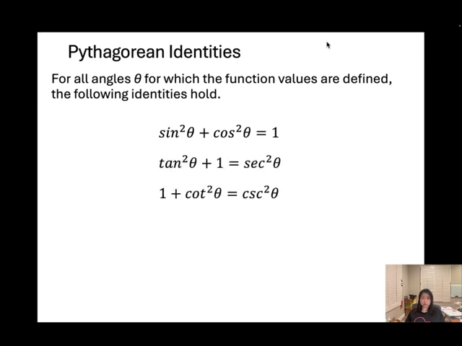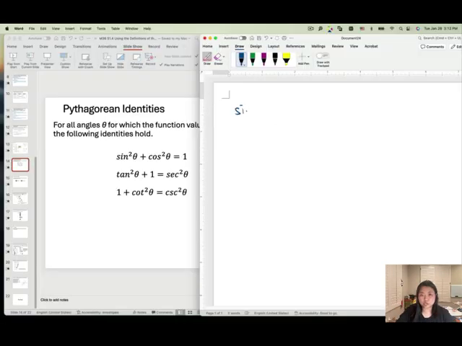We have the second one, tangent squared theta plus 1 equal to secant squared theta, and the third one, 1 plus cotangent squared theta equal to cosecant squared theta. Let me show you guys how to get these three identities. Usually I only need to remember this identity: sine squared theta plus cosine squared theta equal to 1.